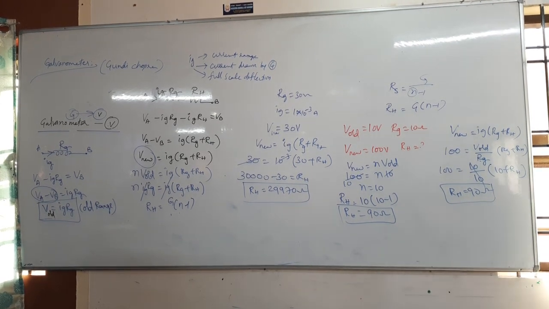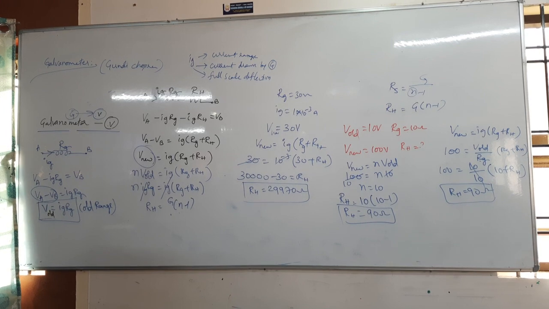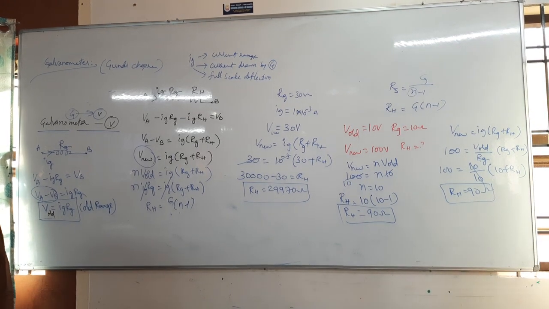If we want to read 1 ampere with this meter, then find the approximate value of shunt resistance.